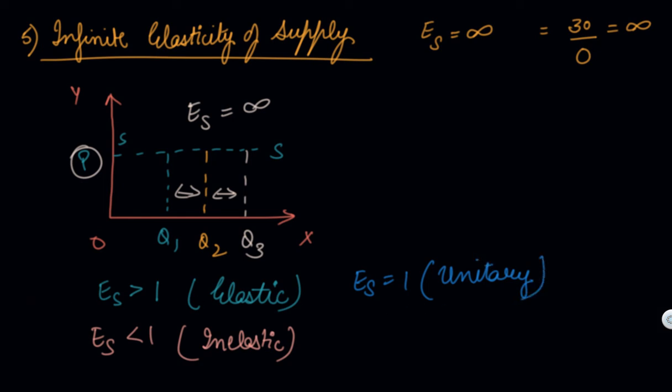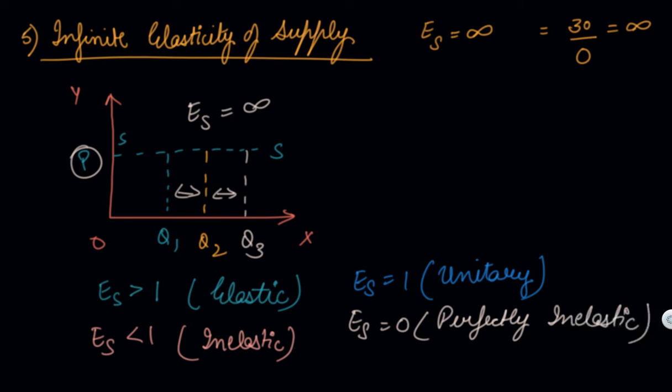When your elasticity of supply is equal to 0, it is perfectly inelastic. When your elasticity of supply is equal to infinity, it is perfectly elastic. These are your degrees of elasticity of supply, same as in the elasticity of demand we did.